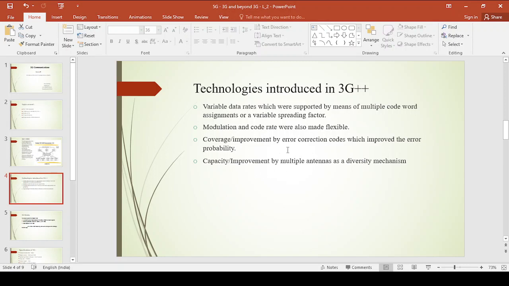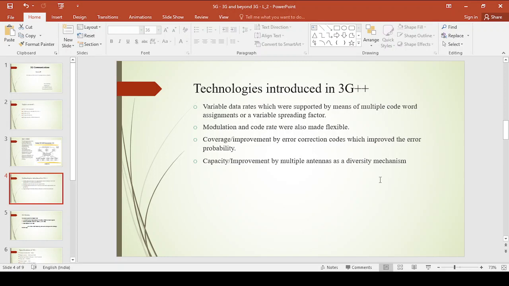And next we have error correction codes, like turbo codes, convolutional codes, and hybrid ARQ, automatic repeat request. These were introduced in 3.5G and 3.9G. Error correcting codes improve the error probability, by which you can improve the coverage of the system.